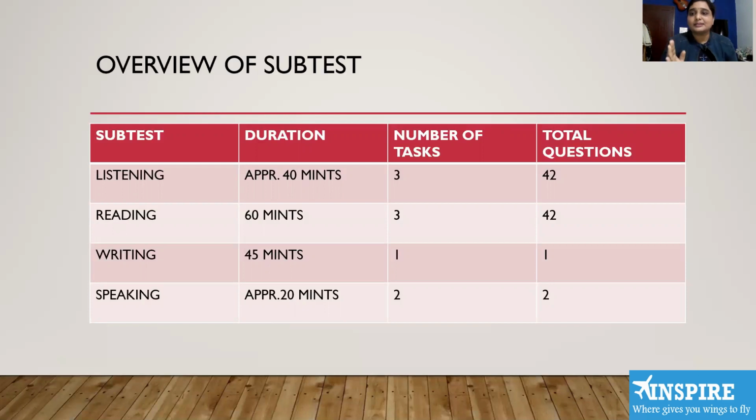The total questions available is 1, only 1 letter writing. And in speaking, the duration is approximately 20 minutes and the number of tasks is 2 role plays. They will assess your speaking by these 2 role plays, and the total questions available is 2.